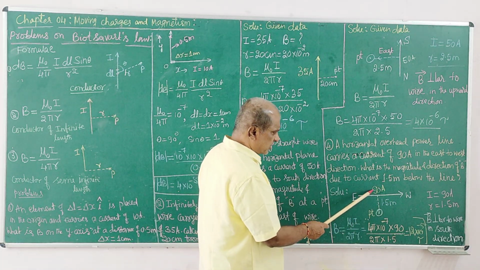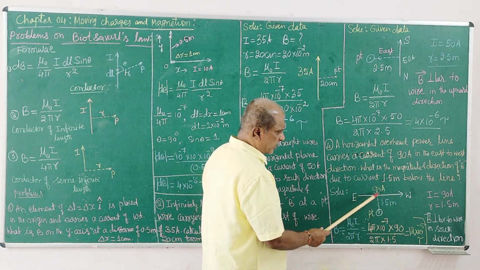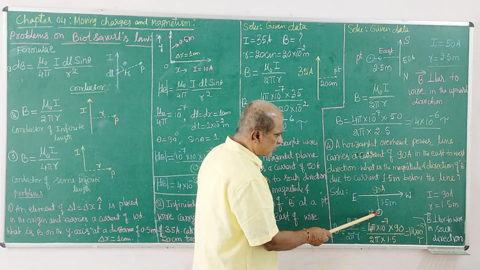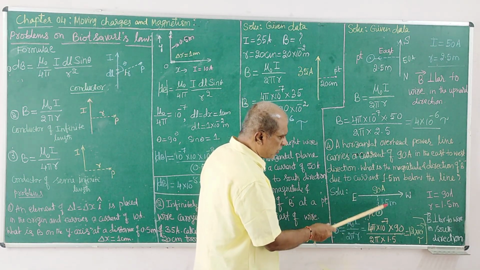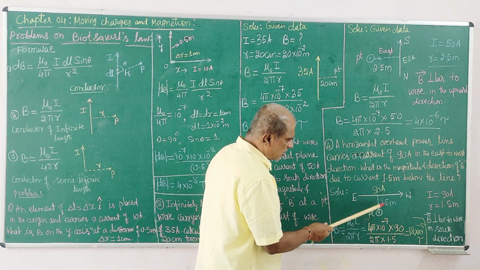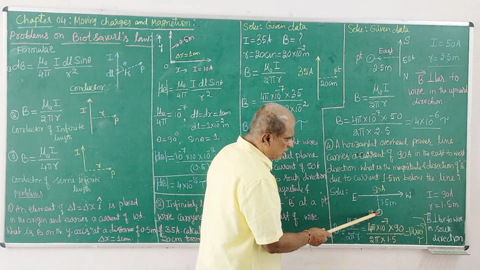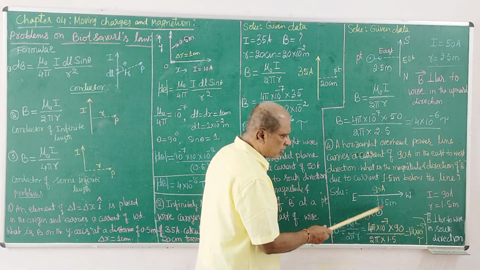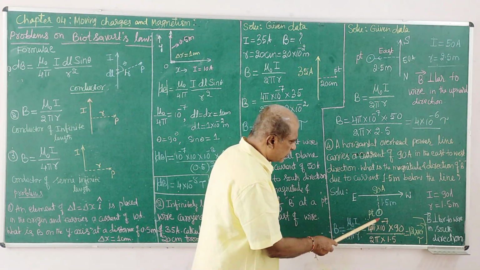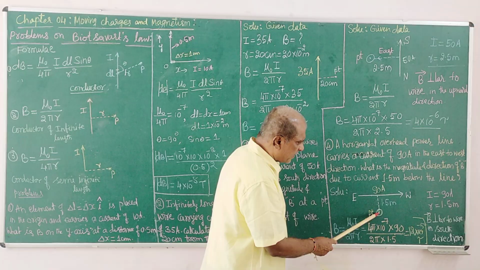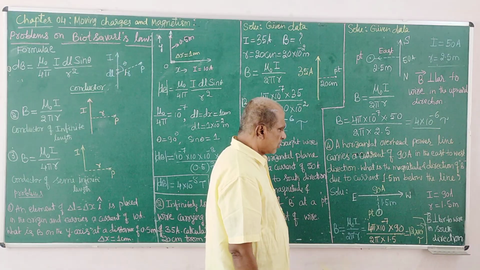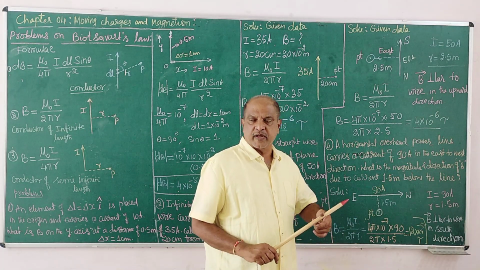Current strength is 90 ampere, direction of the current is this. The point is below the line, not above the line, at a distance of 1.5 meter. At this point, what is the strength and direction of the magnetic field due to this power line?